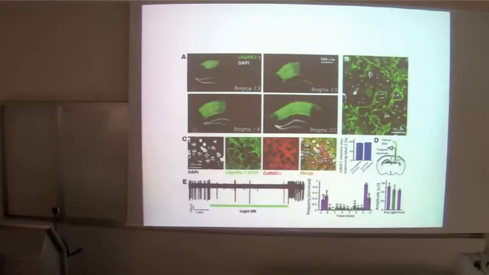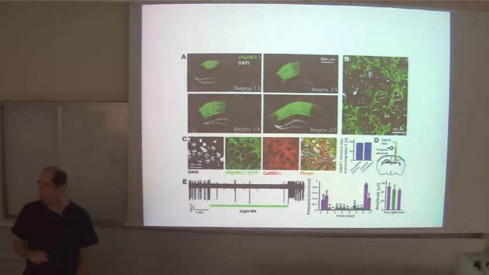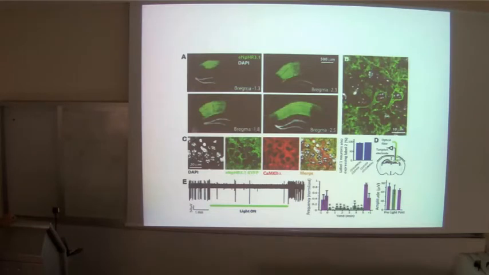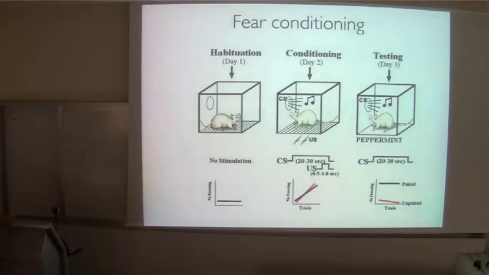I thought it would be interesting to show you this famous paper by Ben-Gurion, sorry, by Goshen. Okay? So here's the idea. You take a mouse. This is a rat, but you take a mouse and you do a fear conditioning protocol. I'm not going to talk about the whole paper.